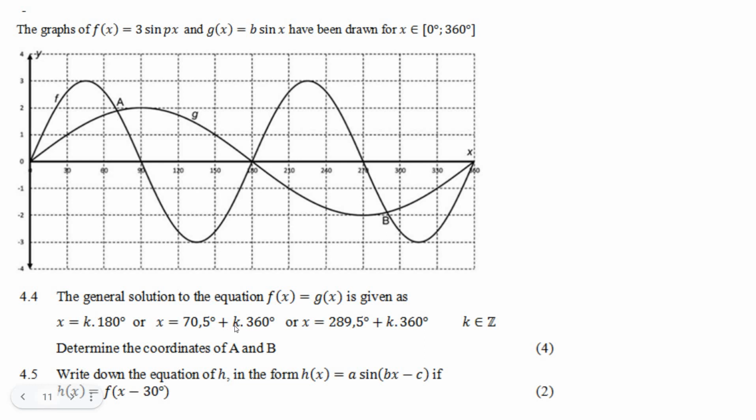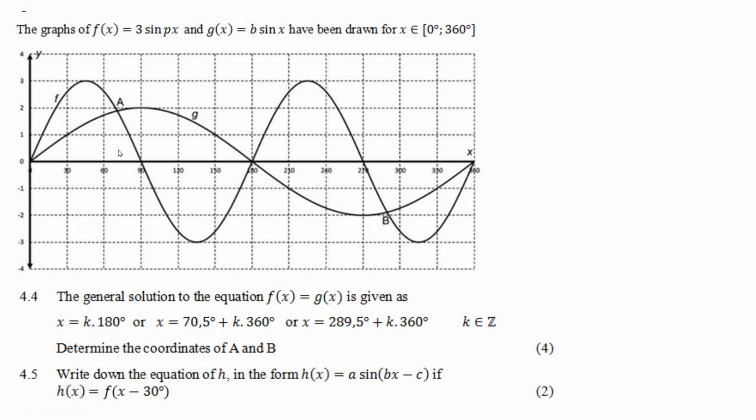Let's say you forget about the repeating itself every 360 degrees. Just look at this. They're telling you that 70.5 degrees is the x value for where they cross. And the other one is 289. Those are the answers. Well, that's pretty nice.